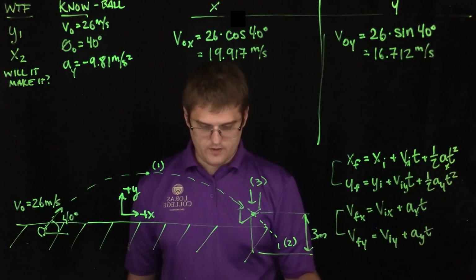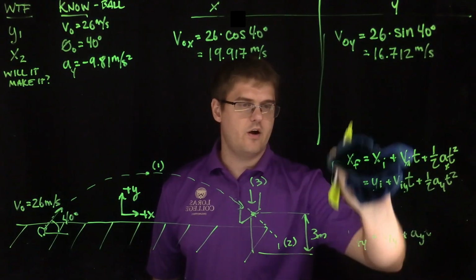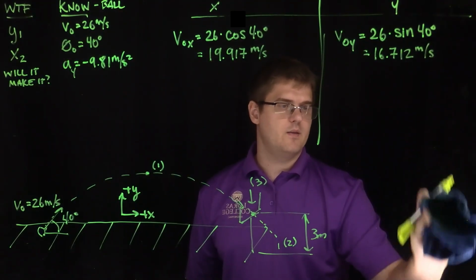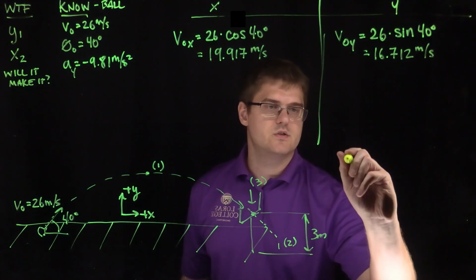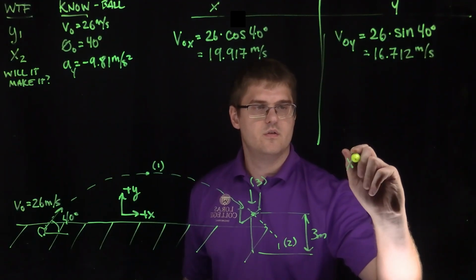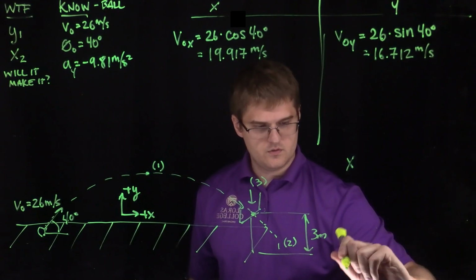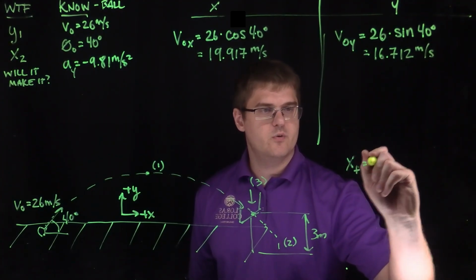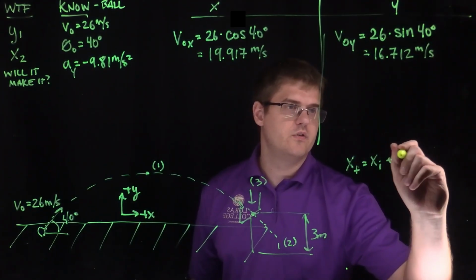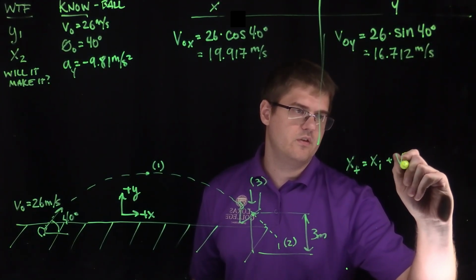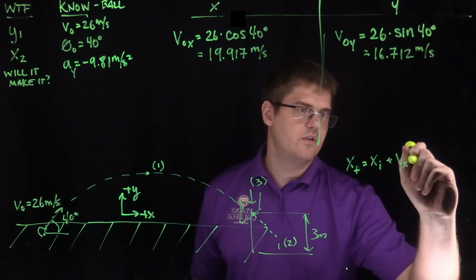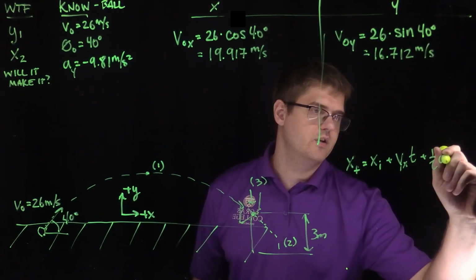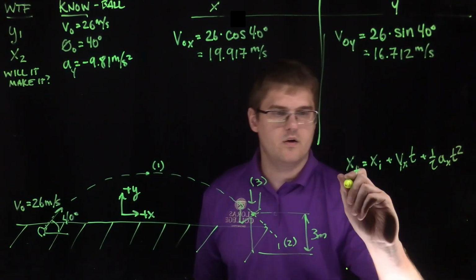And then the last one that we can use, sorry for erasing a bunch of these. I'm going to go ahead and write them out without the two different specifications. X final is equal to x initial plus velocity initial in the x times time plus 1/2 acceleration in the x times time squared.